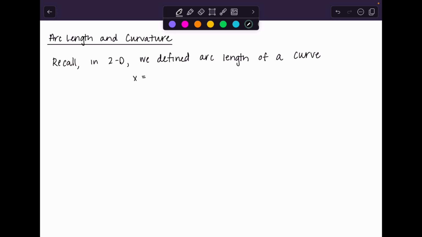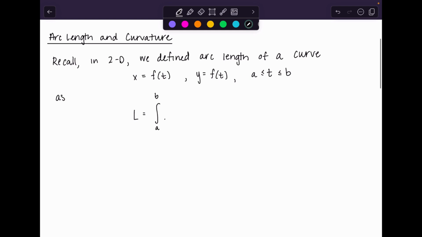which our x had some function of t, our y had some function of t, and then our t varied between a and b as the following. The length of that curve was going to be the integral from a to b, and then inside we used our distance formula because essentially we chopped this up into smaller pieces, used the distance on each, and then we could show it rearranged to this formula.